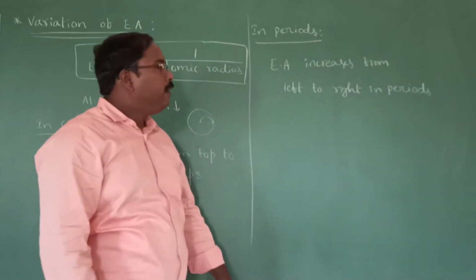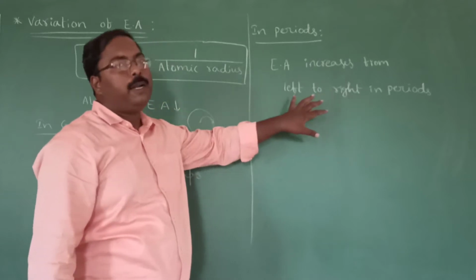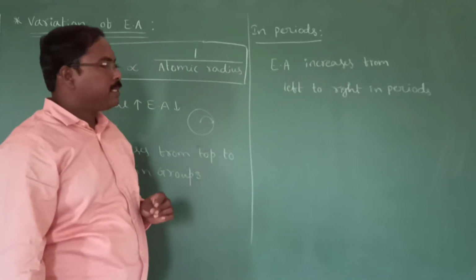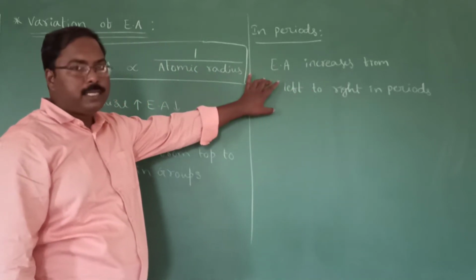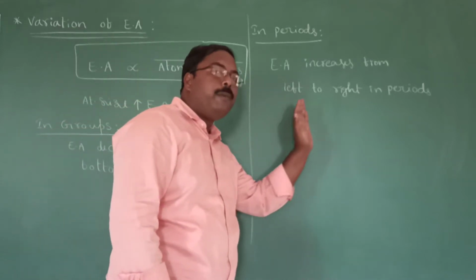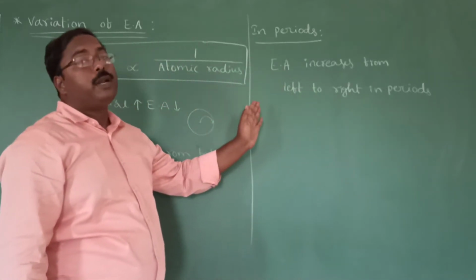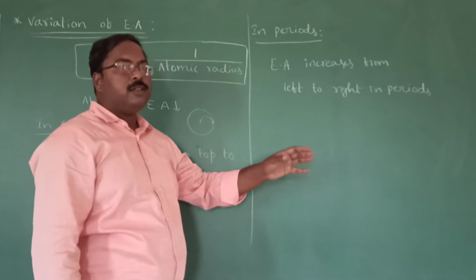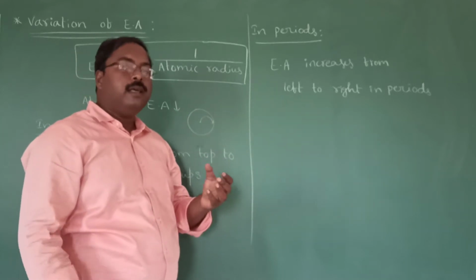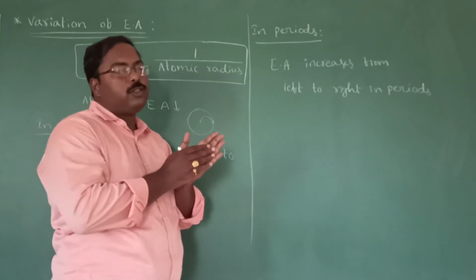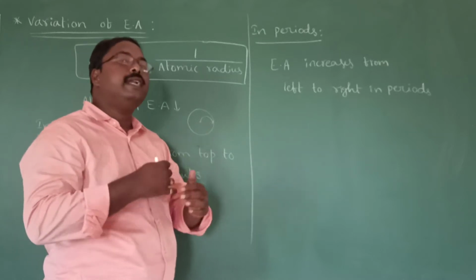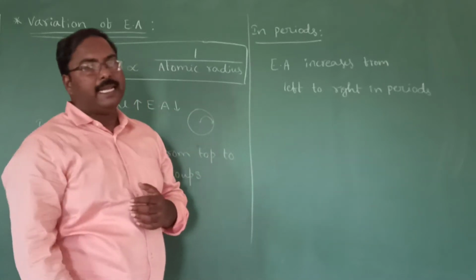Okay, electron affinity value increases from left to right in periods. The reason for this is that when we are moving from left to right in the periods, nuclear charge increases. So the electron will be added quickly to the outermost orbit of the atom, and it releases more energy.